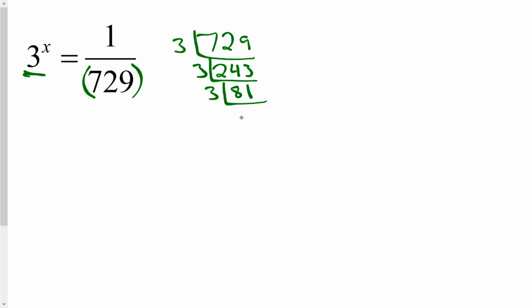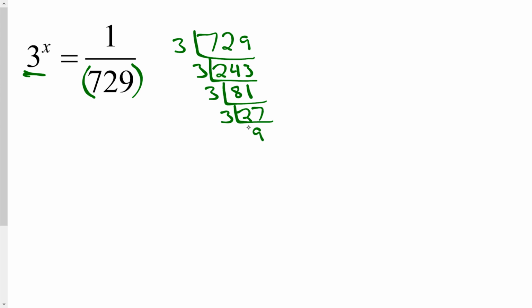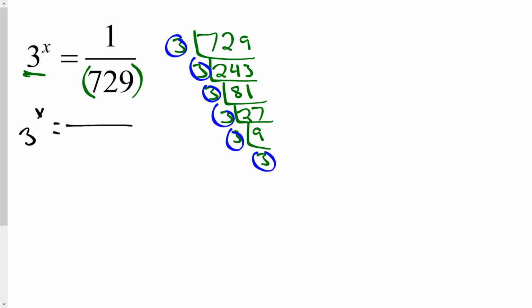Gives me 27. Divide that by 3. Should give me 9. And that divided by 3 is 3. So 1, 2, 3, 4, 5, 6. So 3 to the power of x equals 1 over 3 to the power of 6.